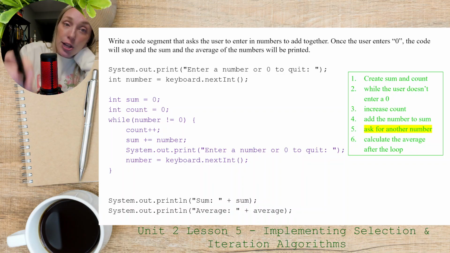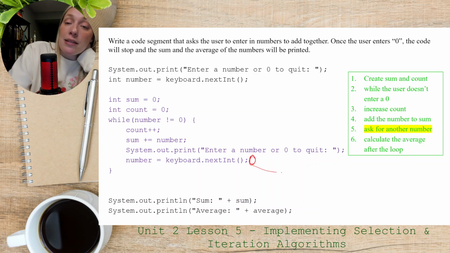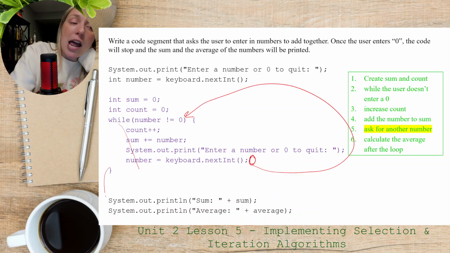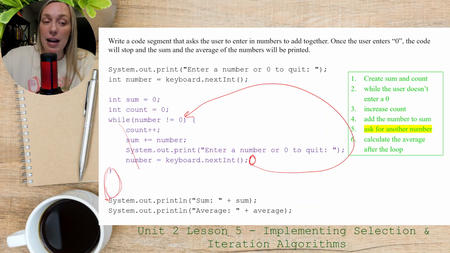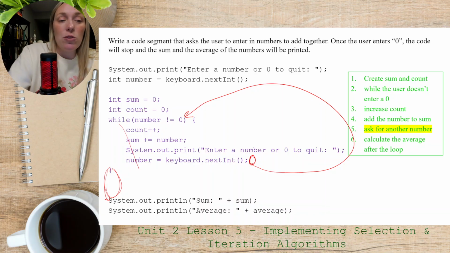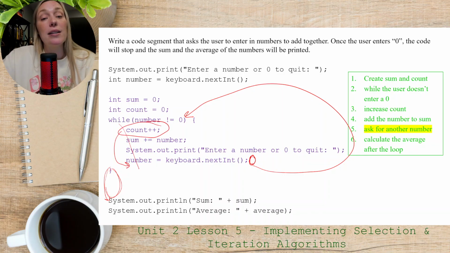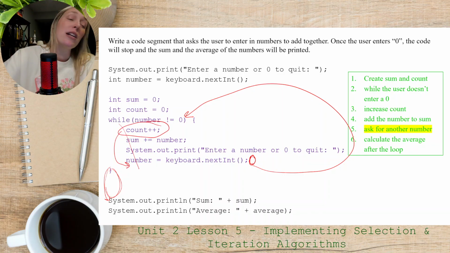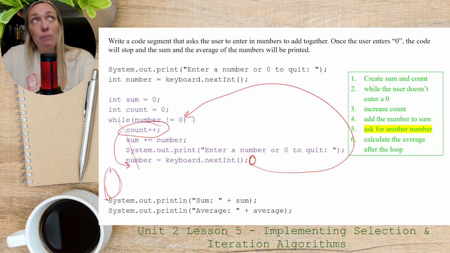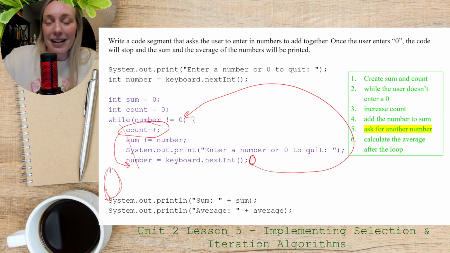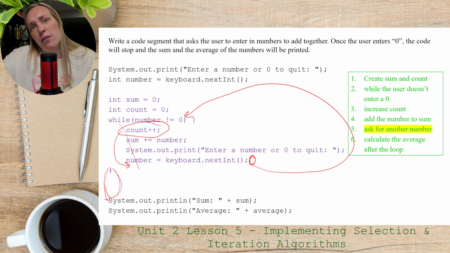Now again, let's make sure the logic works out. If the user enters a 0 here, we want the loop to stop. Does that happen? We check if number is 0, the loop stops, and we go right here. Well, we'll go to this area right here where we compute the sum and the average, okay? So we don't want 0 to count, which is why you don't want to put count after this, because if a user enters 0, count would increase by 1 and it would actually count towards the final count, and you don't want it to when you're finding that average.